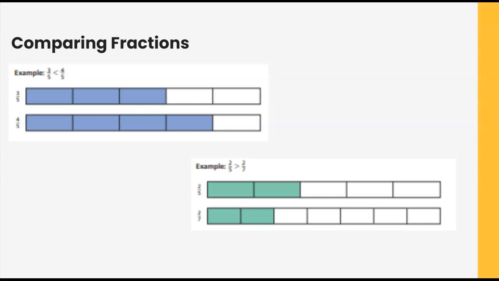Each unit fraction of that denominator is larger. So if I can generalize that, then I can generalize that when I'm comparing two fractions with common denominators, the fraction that has the larger numerator is greater. If I am comparing two fractions where the numerators are common or they're the same, then the fraction with the lesser denominator has a greater value.